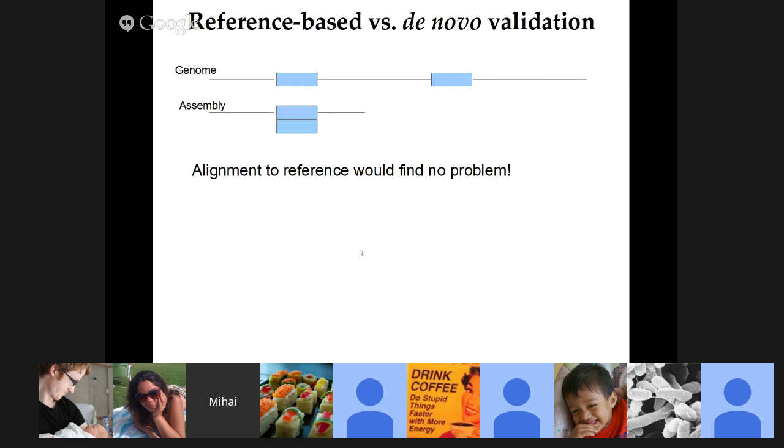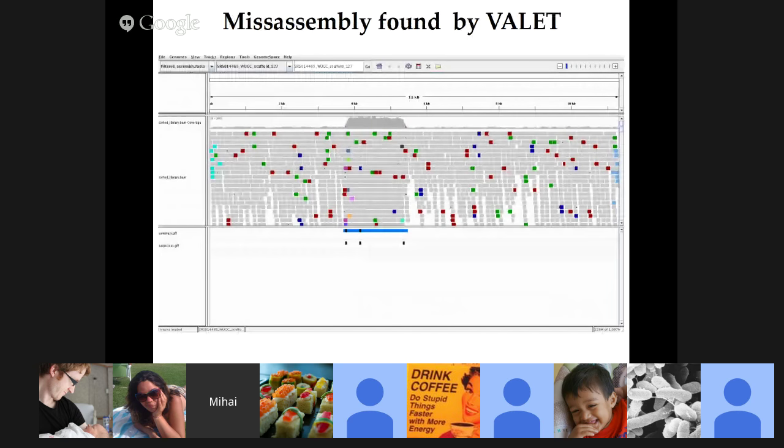But I want to get back and, sorry, my computer keeps messing up. I want to show you a little bit of what comes out of this misassembly detection, and when I'm saying the devil is in the details, this is where we end up not really knowing what's going on. In this case, I'm plotting the mapping of reads to a contig reconstructed from a metagenomic sample.